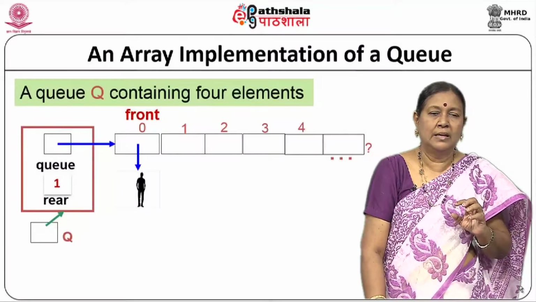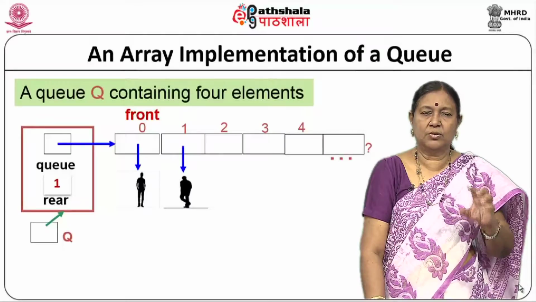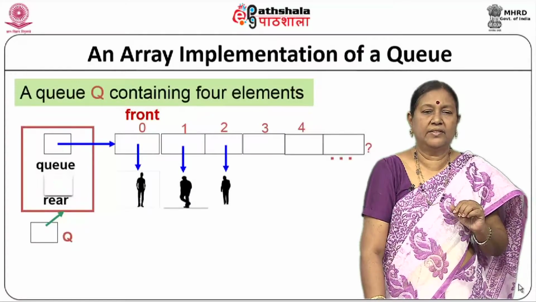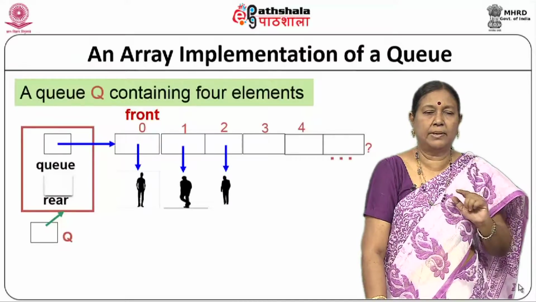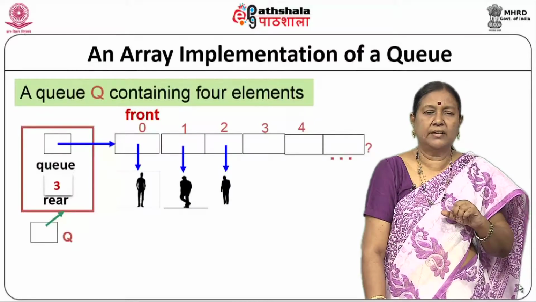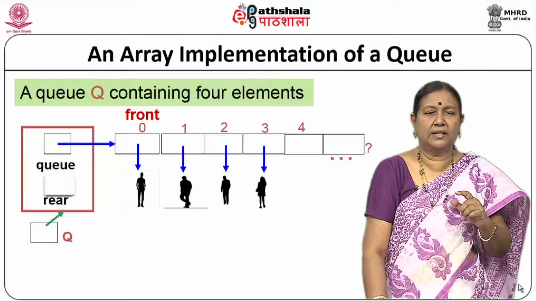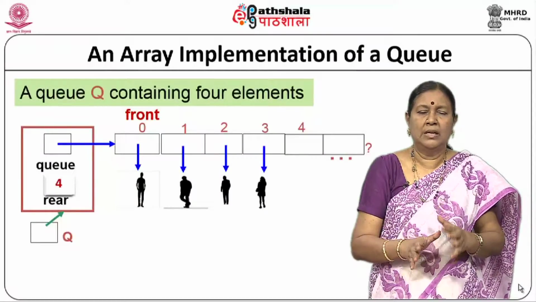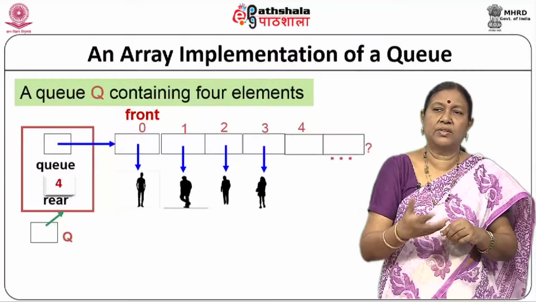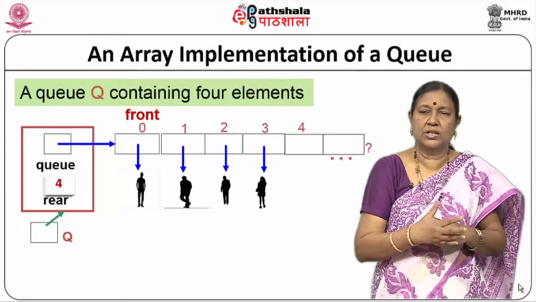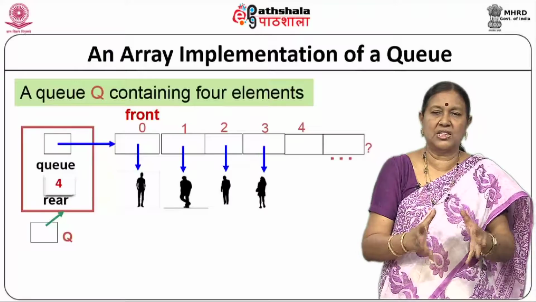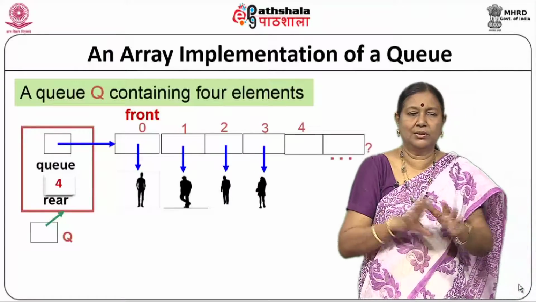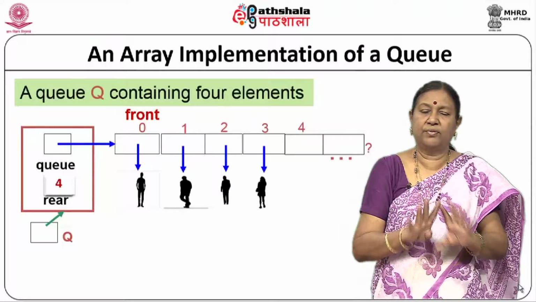Then you have the second element, at that time rear will become 2. Then you have the third element, at that point rear will become 3, and then you have the fourth element, at which point the rear will become 4. So, now you have 4 and the rear value will give you the number of elements in the queue also. So, 0, 1, 2, 3 are the locations in the array which hold the 4 elements of the queue. So, this is a simple queue containing 4 elements.